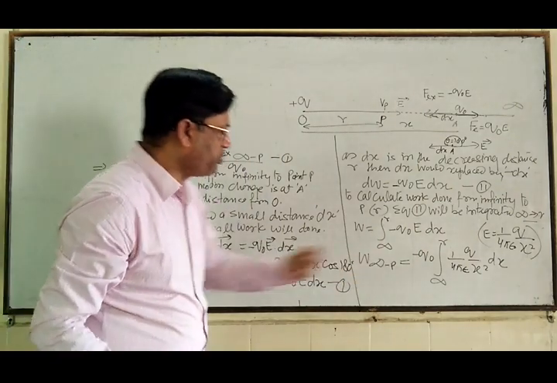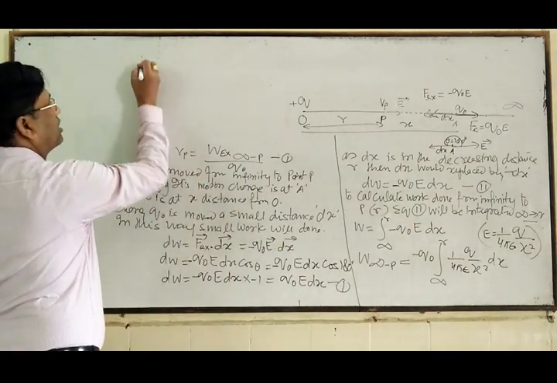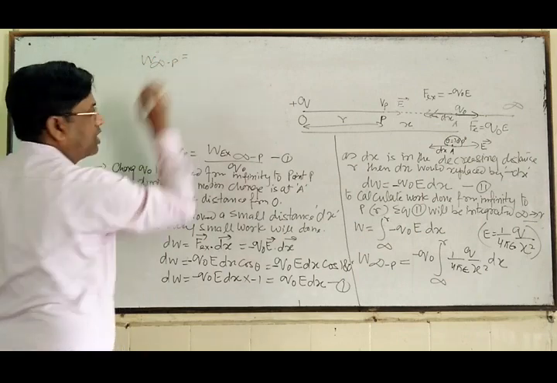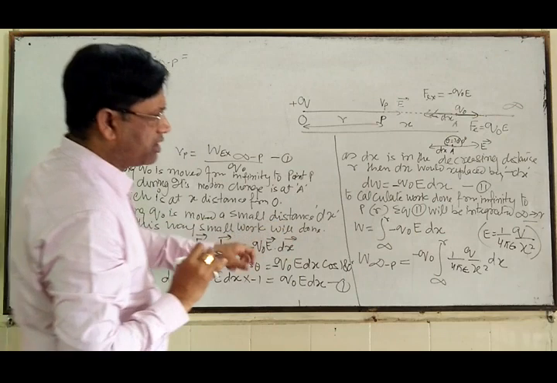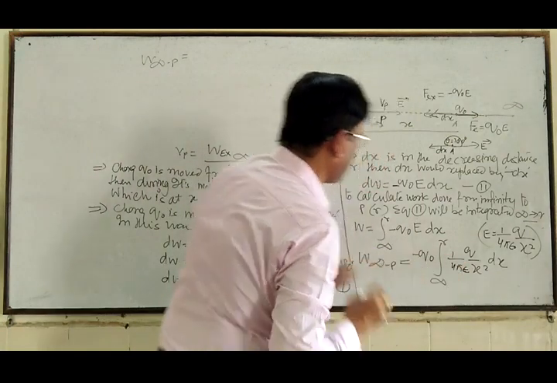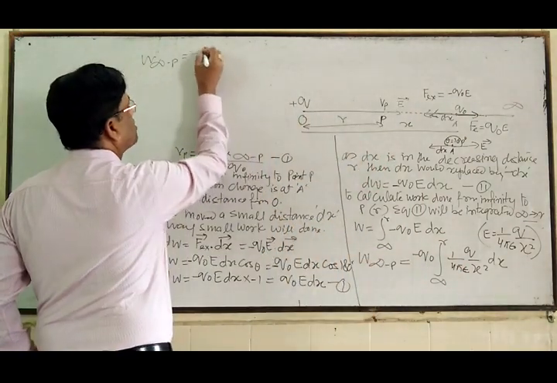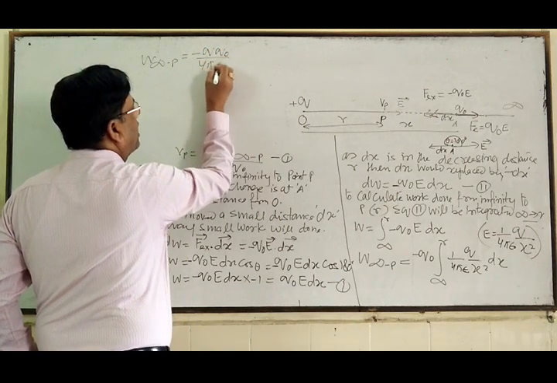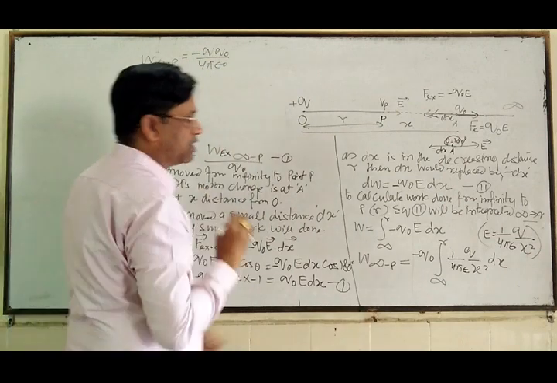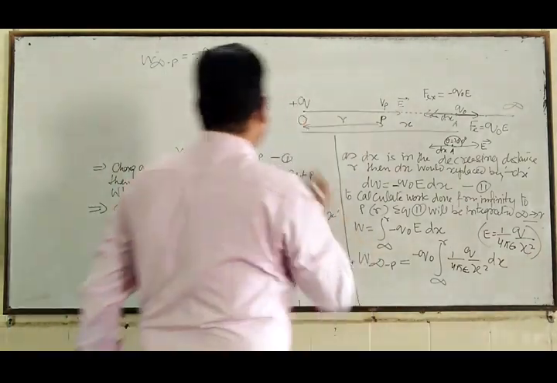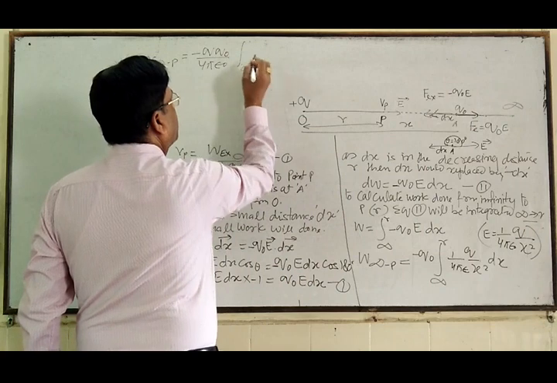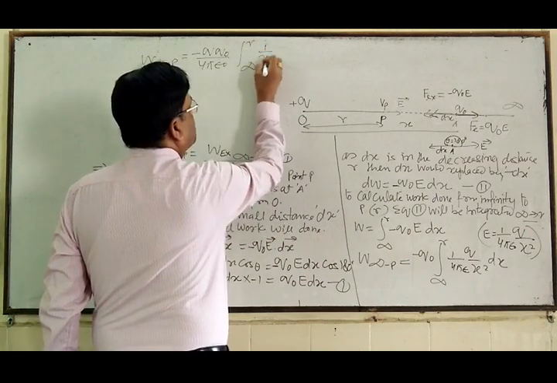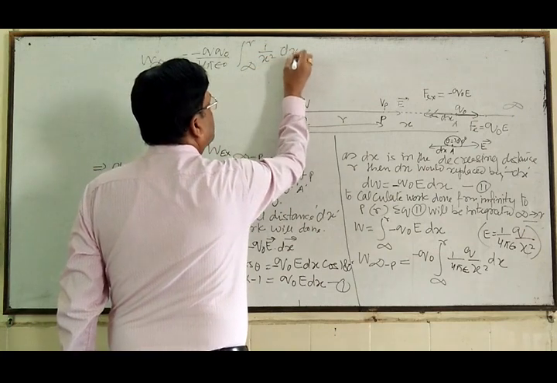Then W infinity to P is equal to, this Q is also constant, this whole will take it out, it is minus Q naught upon 4 pi epsilon naught. This is integration infinity to R in between the limits, that is 1 upon x square and dx.